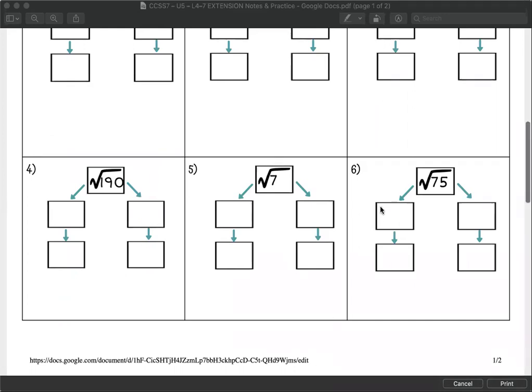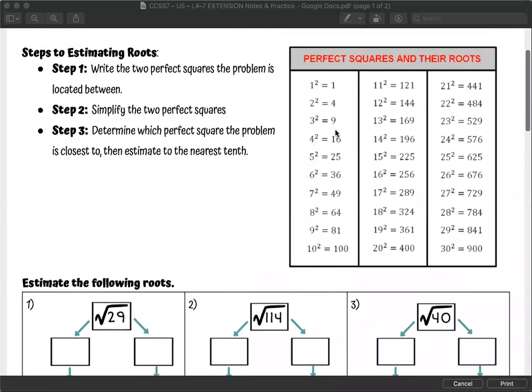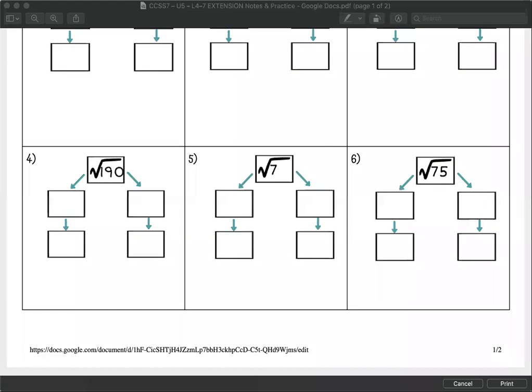Let's look at number 5. Looking at the square root of 7, that falls between 4 and 9. So we've got the square root of 4, we've got the square root of 9. Square root of 4 is 2. Square root of 9 is 3.